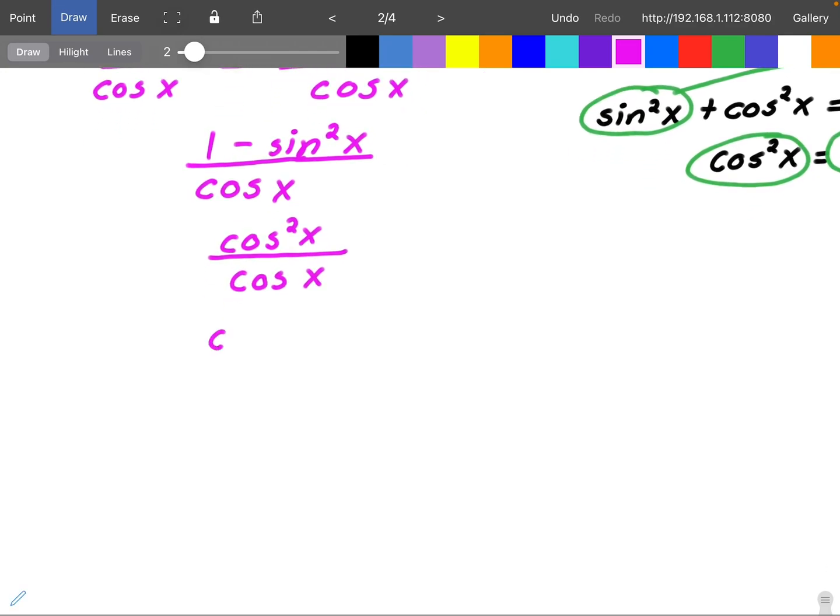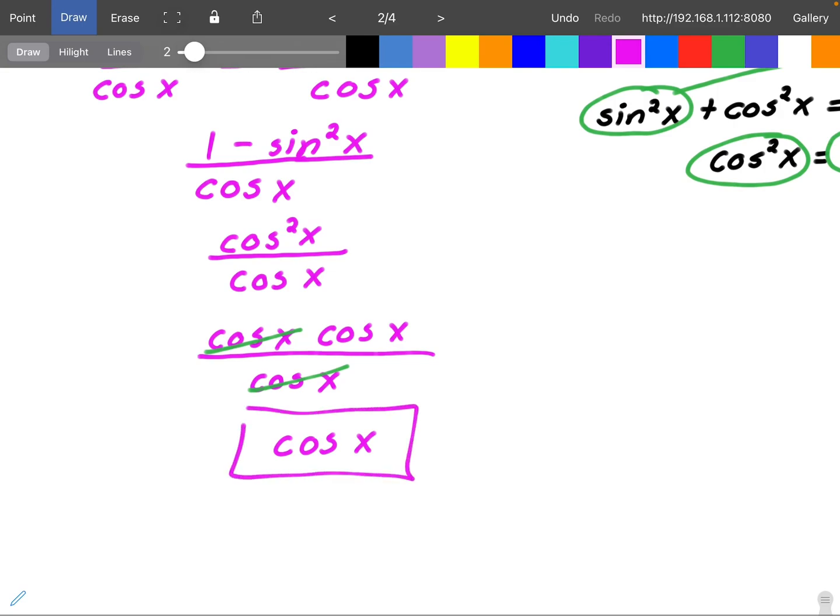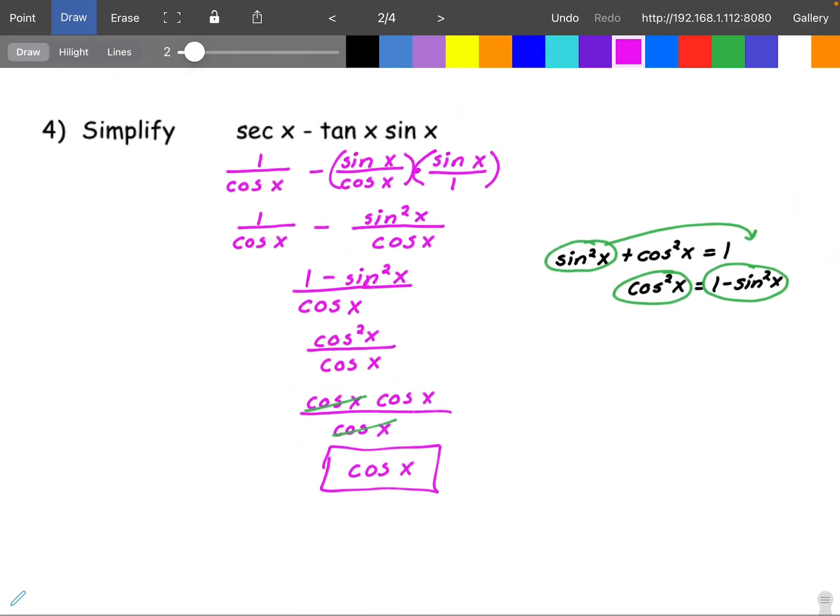However, remember, cosine squared x is really cosine x times another cosine x. And then if that's over only a single cosine x, then the cosine x in the denominator will cancel with one of the cosine x's in the numerator, and therefore we are left with just a single cosine x with technically a 1 in the denominator, but you don't need that. So it simplifies down to just cosine x.